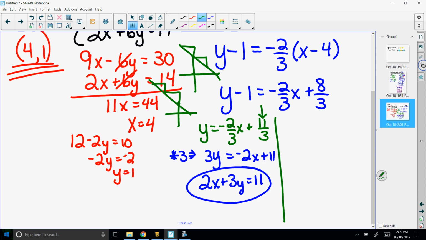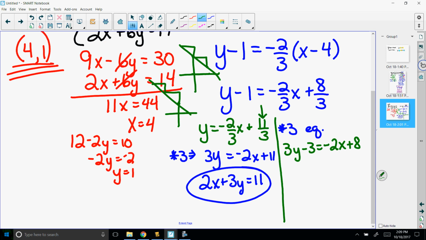The other way to do it, what if I just multiply everything by 3 first? So what happens if I just multiply by 3 across the whole equation? If I do that, what does the left-hand side become? 3y minus 3. And the right-hand side becomes negative 2x plus 8.